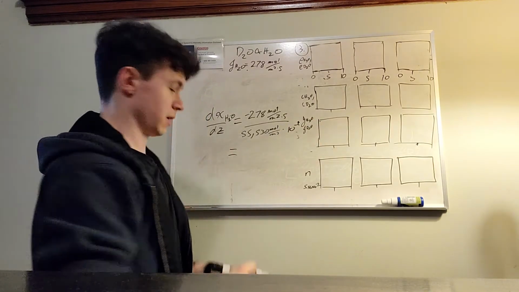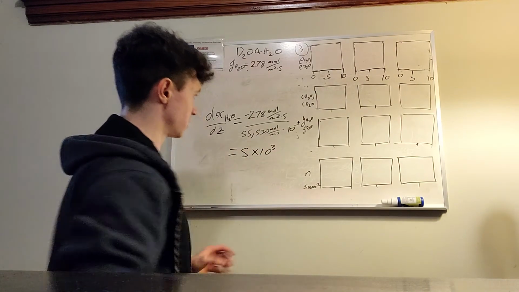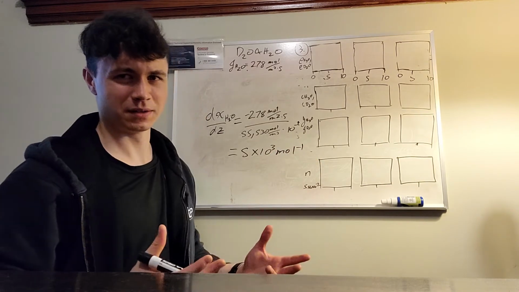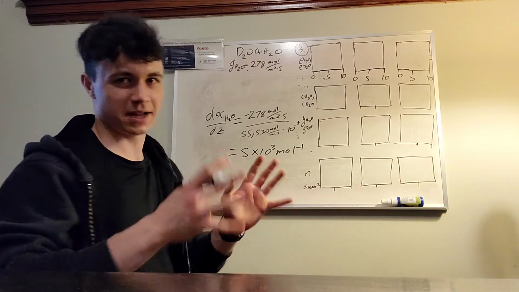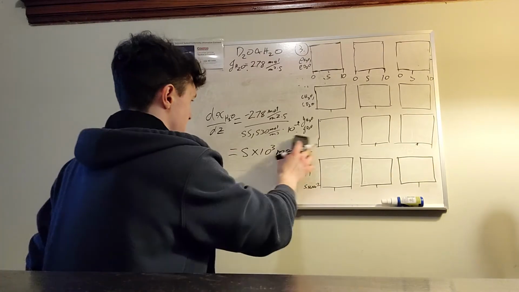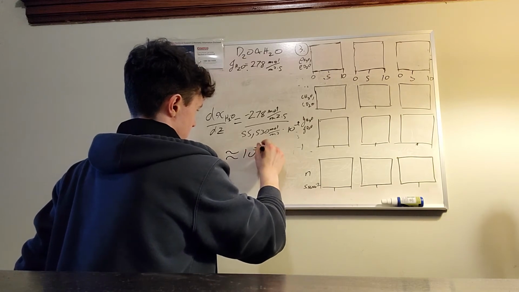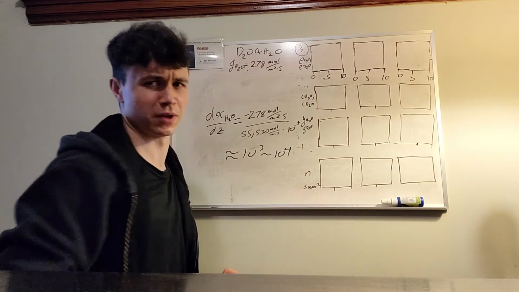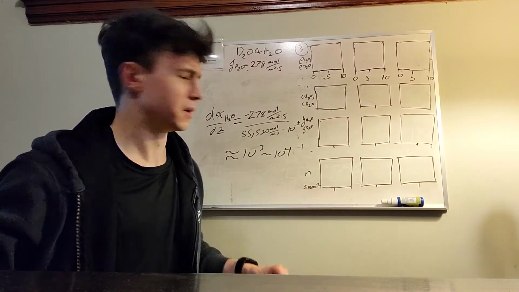We get around 5 times 10 to the 3rd. So the magnitude will be probably somewhere around 10 to the 3rd to 10 to the 4th. I think I misspoke there. I meant 10 to the 3rd to 10 to the 4th, not negative 3rd or negative 4th.